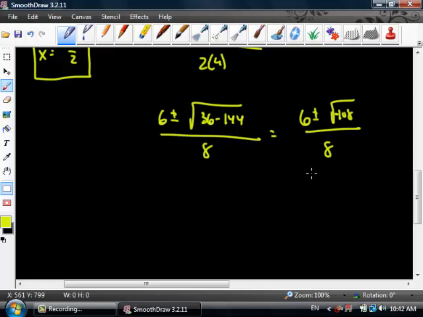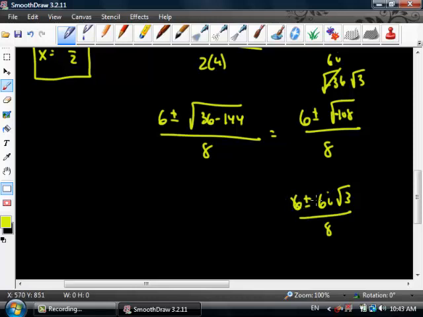108 is the product of two numbers. Those two numbers are negative 36 and 3. The square root of negative 36 is 6i. So this is going to be 6 plus or minus 6i root 3 over 8. And now we can reduce this because they all are even.